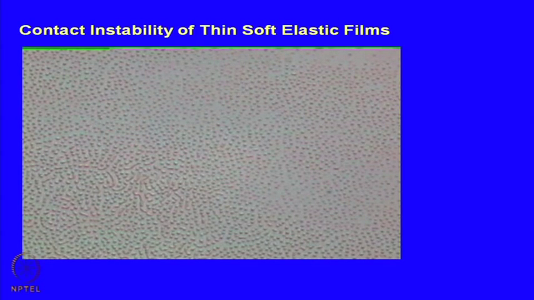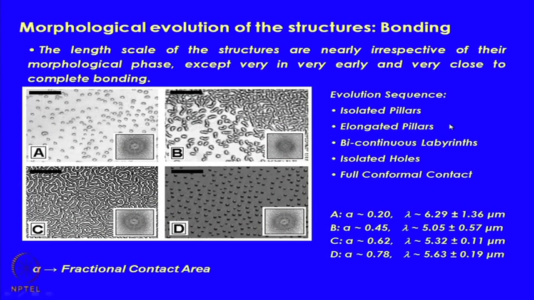What happens here is that these structures originate, as we have already pointed out, due to a competition between the attractive van der Waals forces and the restoring effects imparted by surface tension as well as the elastic deformation. So, this is the morphological evolution sequence.